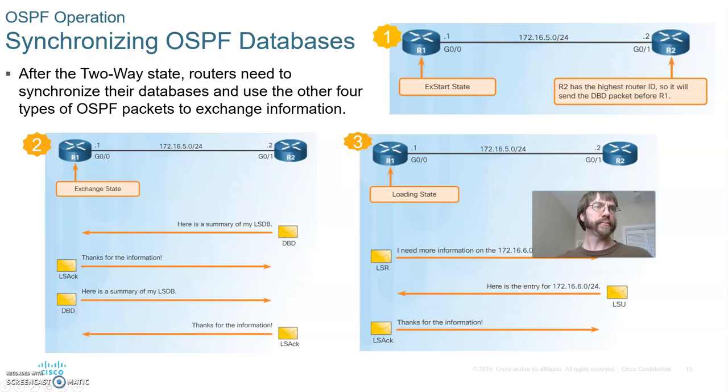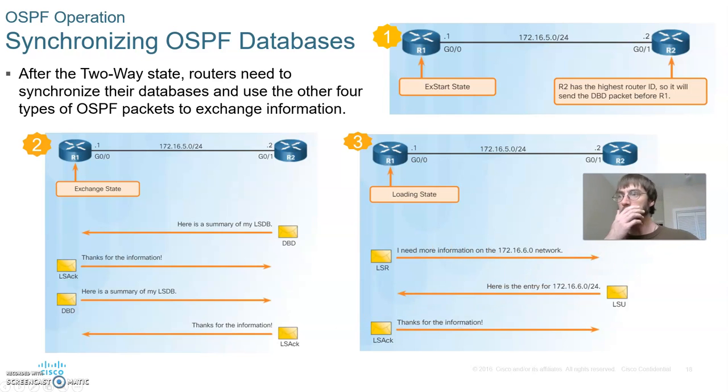And I got to move me again. Now I'm over here. Routers will get into the ExStart state, step 1. They'll go into the exchange state, and they'll start bouncing LSDB information back and forth. They'll summarize it with a DBD.